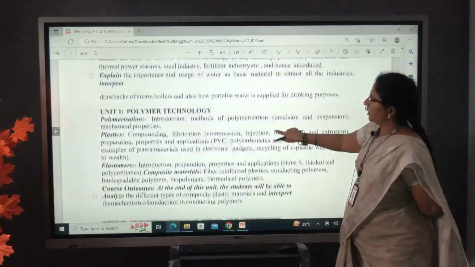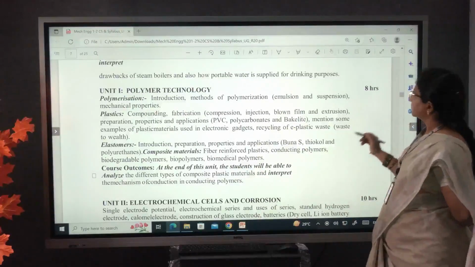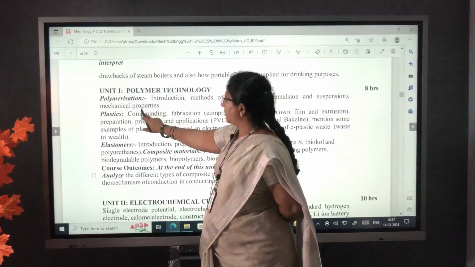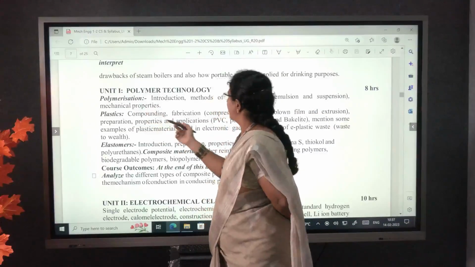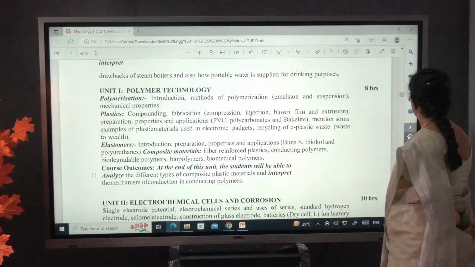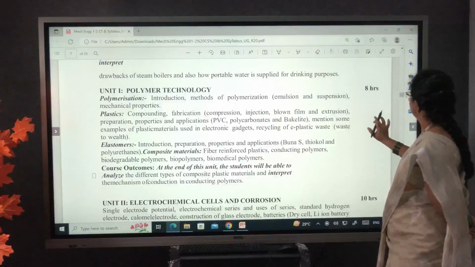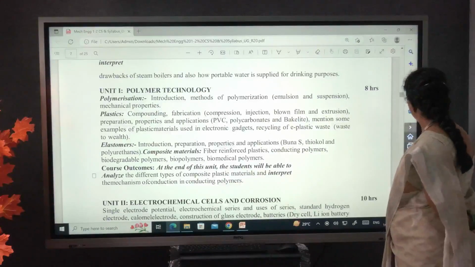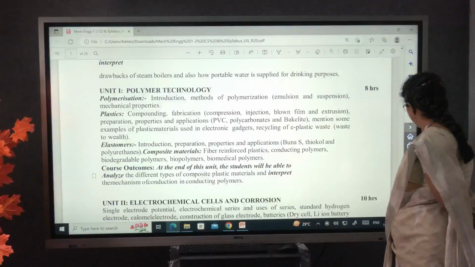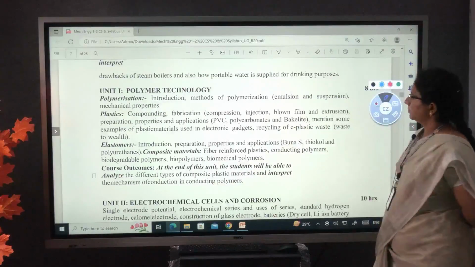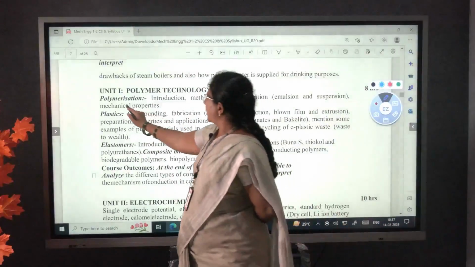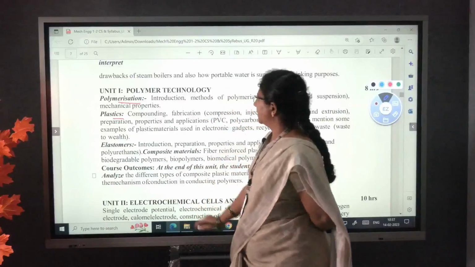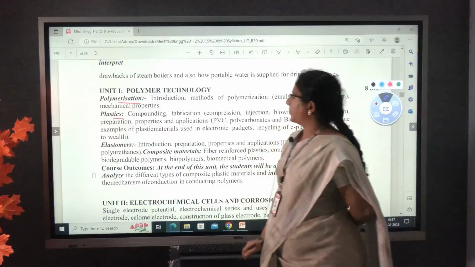Coming to the first unit, Polymer Technology, it consists of mainly 4 parts. First part is polymerization, next one is plastics, third one is elastomers, and fourth one is composite materials.